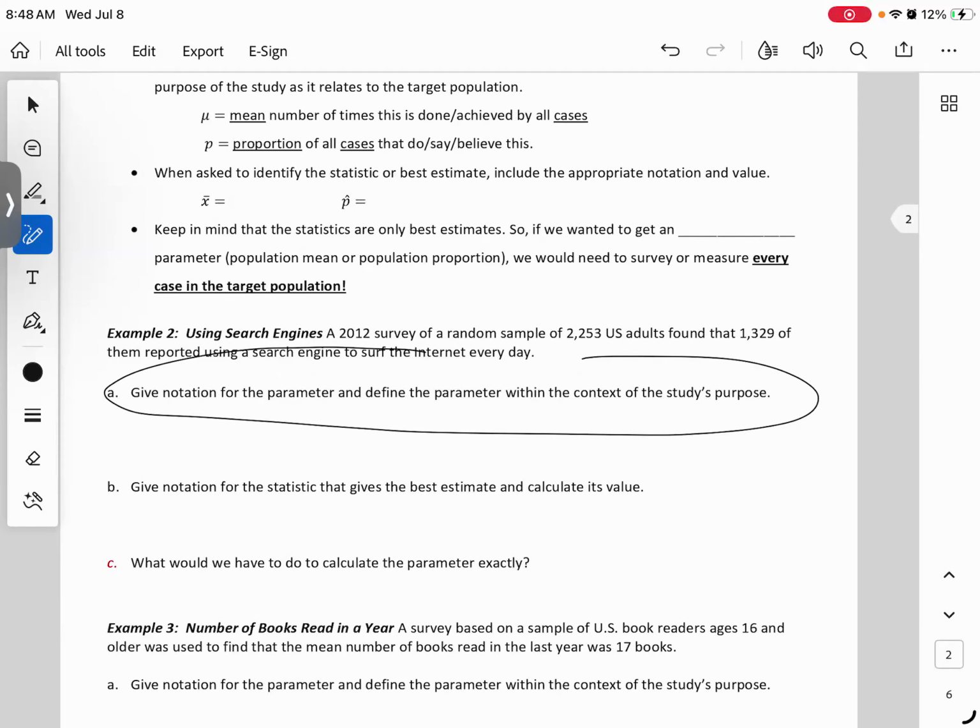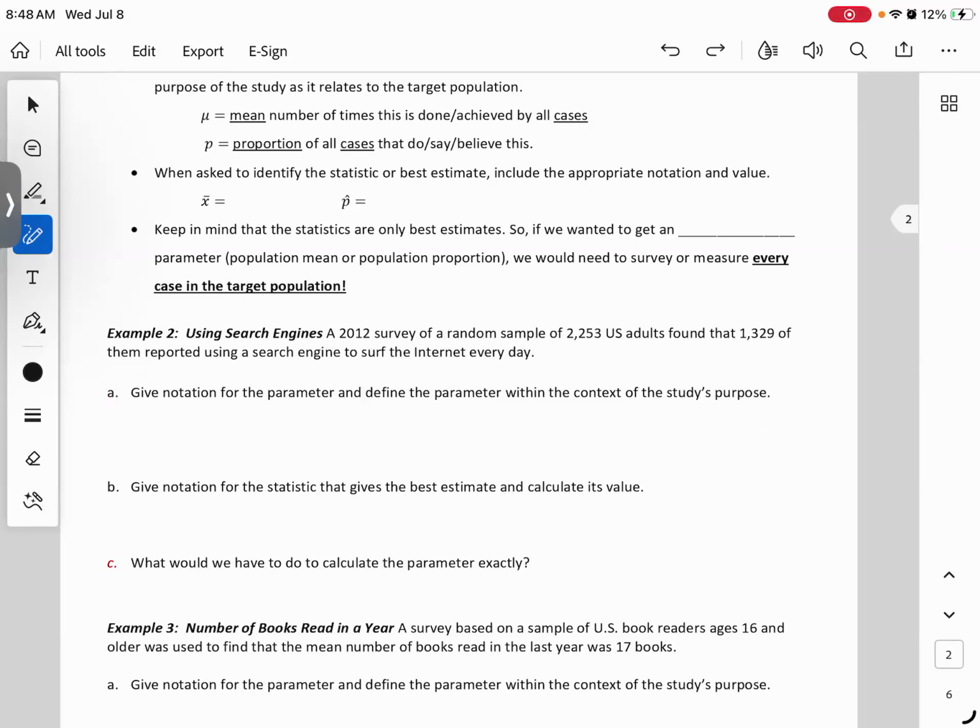But then they ask this question, and it says, give notation for the parameter and define the parameter within the context of the study's purpose. And I've often had students tell me that they're not sure what they're asking for there. And so what they're asking you to do there is just talk about what was the main, like the big goal of the study. Now, the big goal is that they wanted to know something about the entire population.